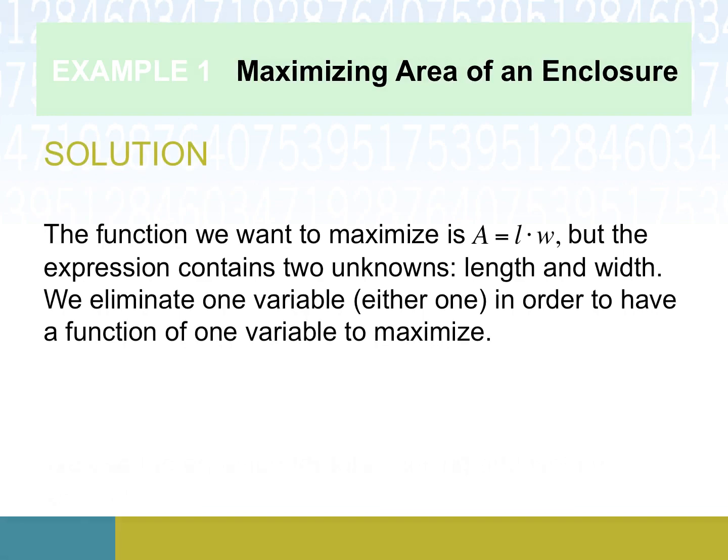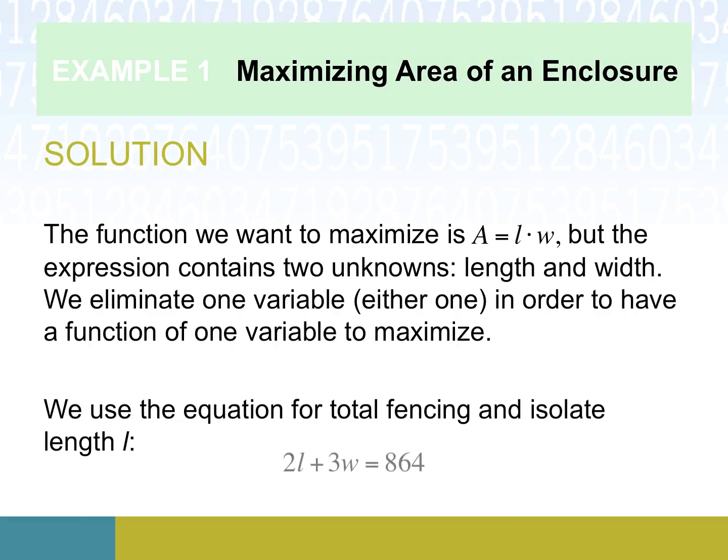We're going to get rid of one of them using this helper equation, 2L plus 3W equals 864. So we're going to use this to solve for one of the variables. It really doesn't matter which, but I'm going to pick length to go after. So we do our usual solving strategies. We've got 3W getting subtracted over to the other side, and then we divide both sides by 2.